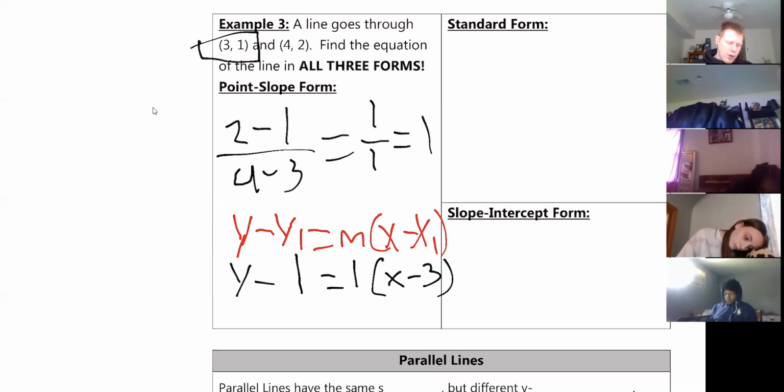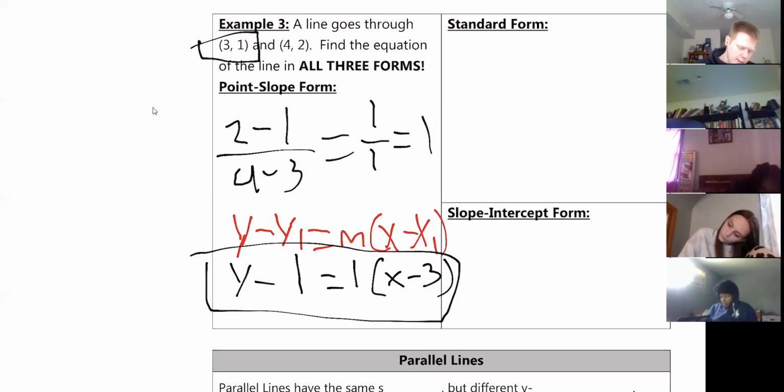All right, so we've got our point-slope form. The next one that's probably the easiest to go to is slope-intercept. So we'll kind of work to the right and then to the top, if that makes sense. To get it in slope-intercept form, we just need to get y by itself. So we really have y minus 1.